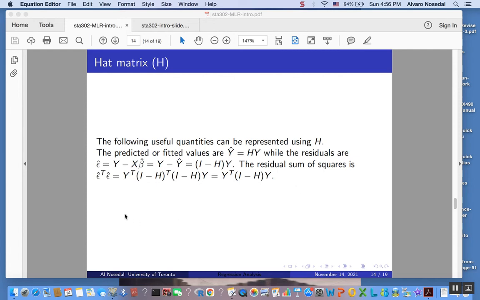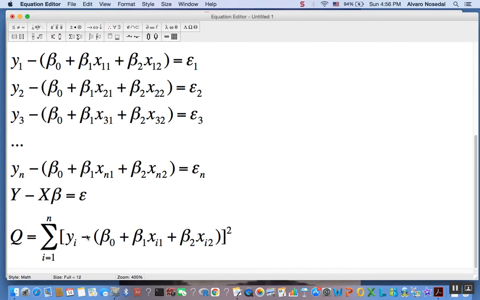And so we know that it would be nice to have the sum of squares of the error. So we know that this is going to be useful.